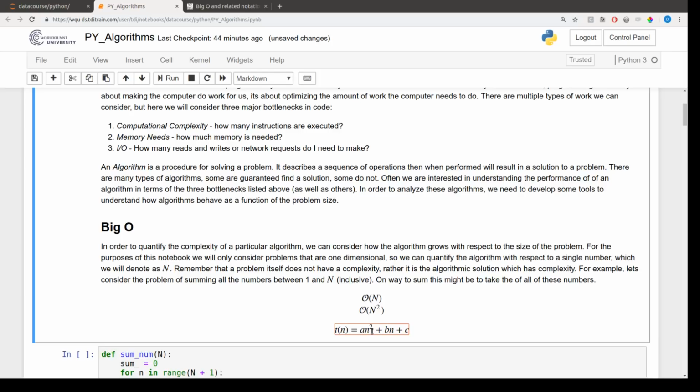That controls or dominates the behavior of this formula as n gets very big. And that's where these kinds of notations come from, that linear growth or quadratic growth. So we'll be analyzing some of these algorithms using this kind of method where we say, how much more memory do I need for each piece of input, where the total size of the input is n.